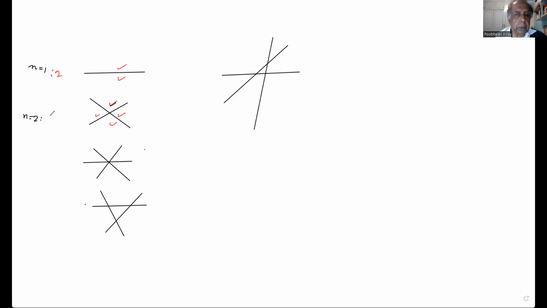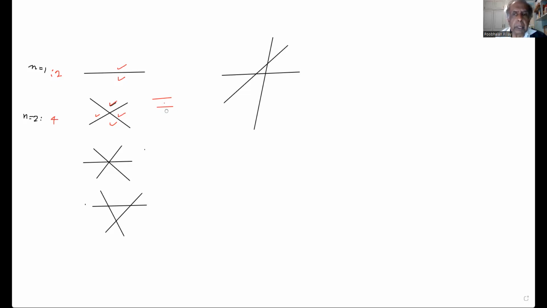So when n is equal to 2, the number of regions is 4. It could be 3 if I had chosen these lines to be parallel, then you'll have 1, 2, 3. But we want to find the largest number of regions, so it will be when they are not parallel.